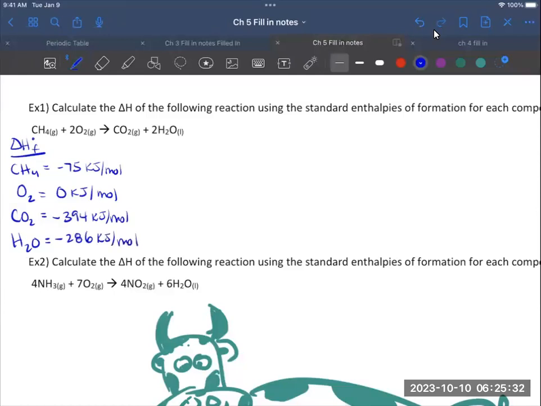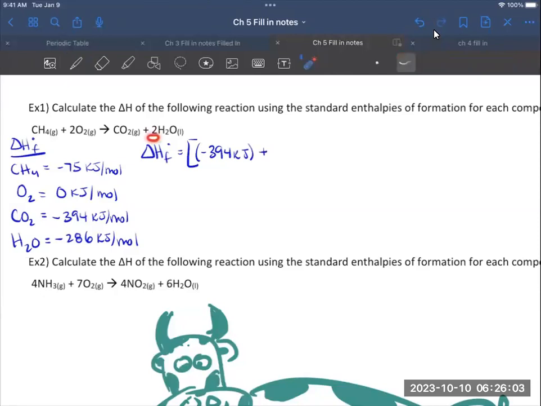All right. Now that we have these looked up, we can plug them into the formula. So the delta H of this overall reaction. Let's do products first. We have 1 CO2, so that's going to be, and the other product is our H2O.